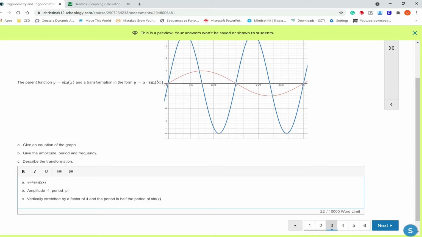So that's the easiest way to say that. So vertically stretched by a factor of 4, and the period is half the period of sine x, and we are done. Question number 3.